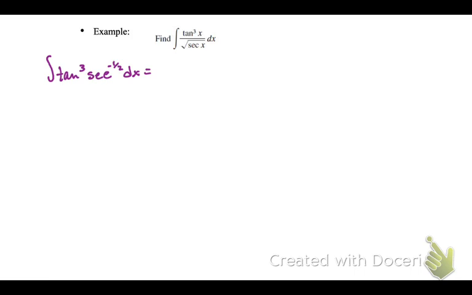So my rule said if it was odd, what should I do? If tangent is odd, factor out a tangent and convert the other tangents into secant. So I'm going to write what that would look like because it's going to look different.